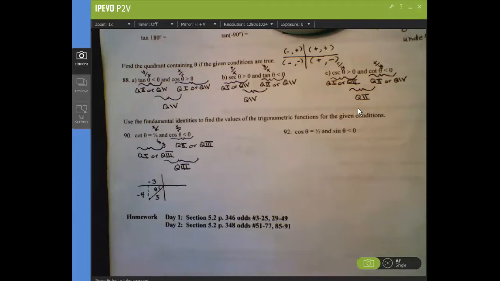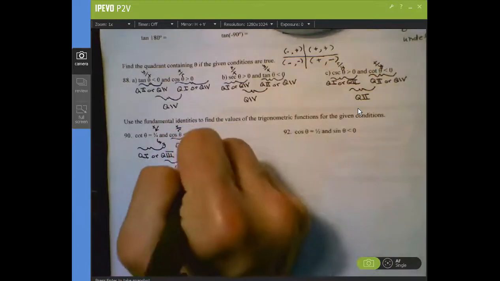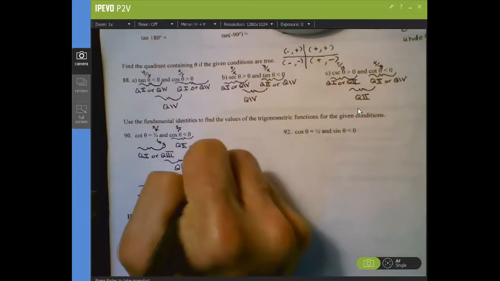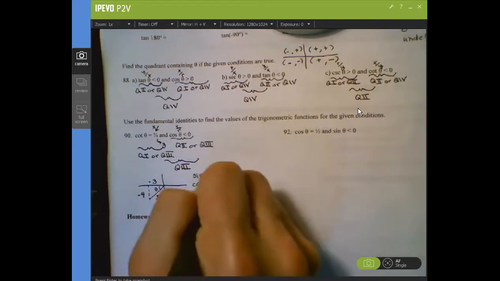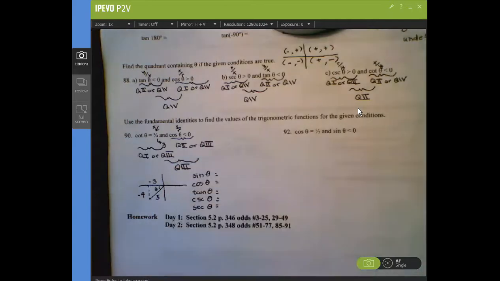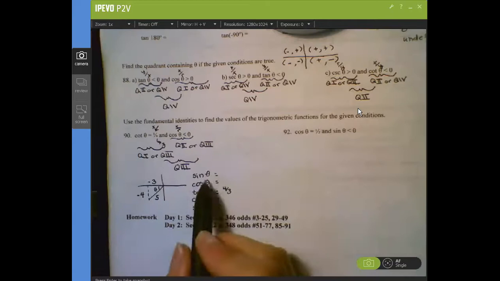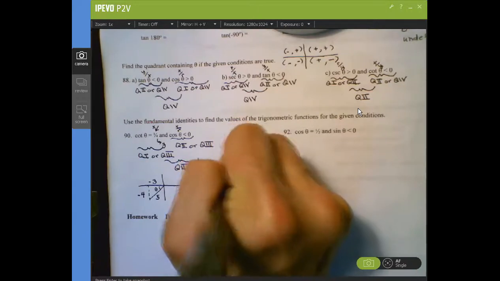Now I just want to give the other 5 trigonometric values of theta. So I want to find sine theta, cosine theta, tangent theta, cosecant theta, and secant theta. I already know what cotangent theta is. If cotangent theta is 3/4, then tangent theta is 4/3. And sine theta would be opposite over hypotenuse, -4/5.